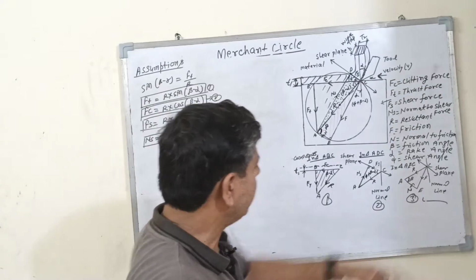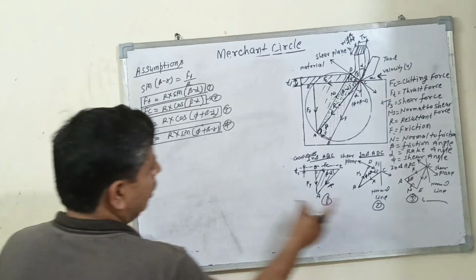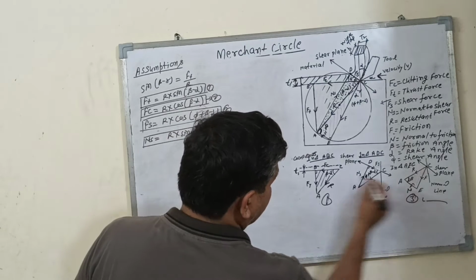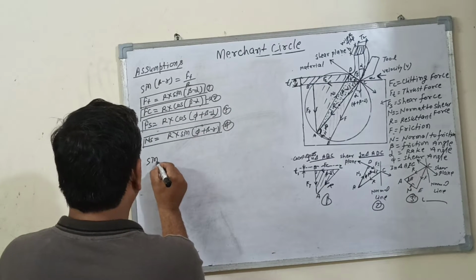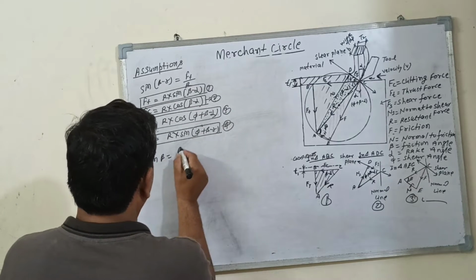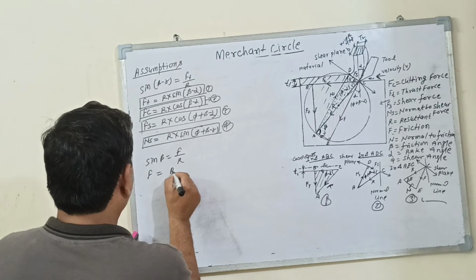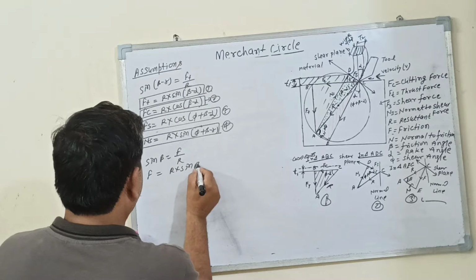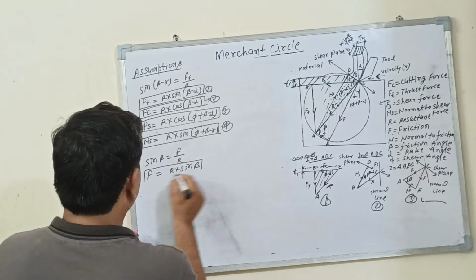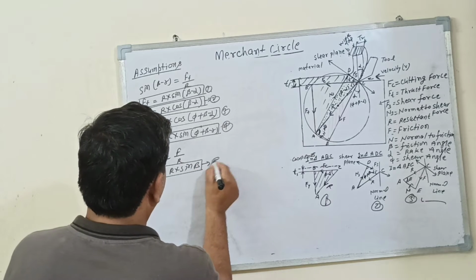From equation number 3, sin B is equal to F upon R. So F is equal to R sin B. This is equation number 5.